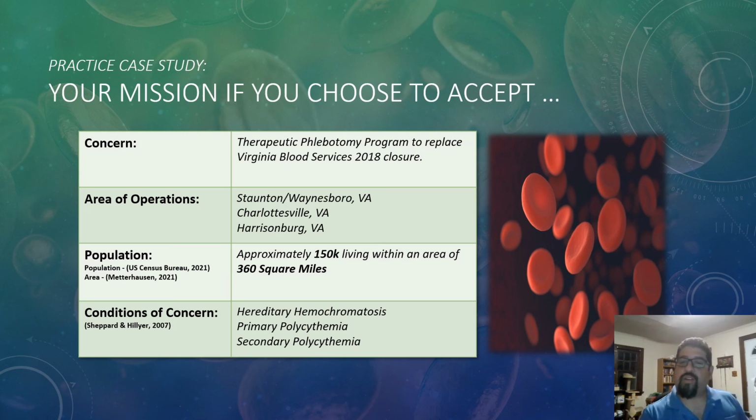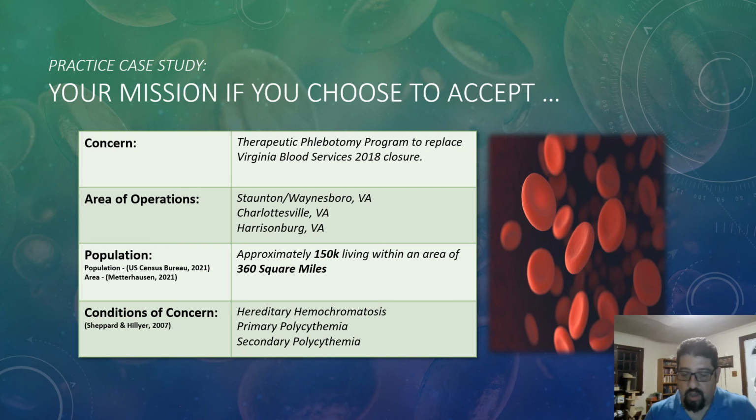The primary conditions that we would do a therapeutic phlebotomy on would be hereditary hemochromatosis and primary and secondary polycythemia. To give you a little background, obviously hereditary hemochromatosis is a genetic condition.